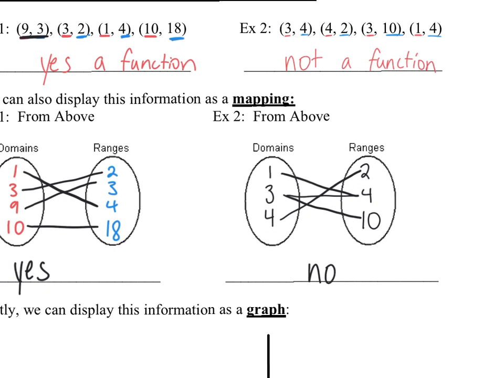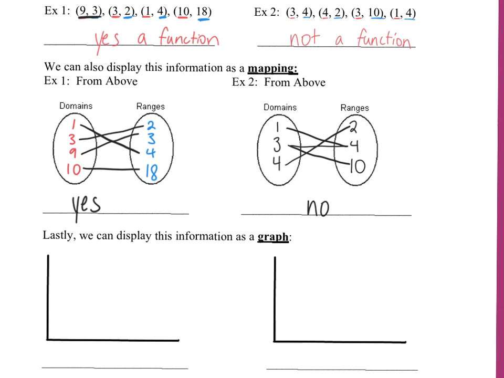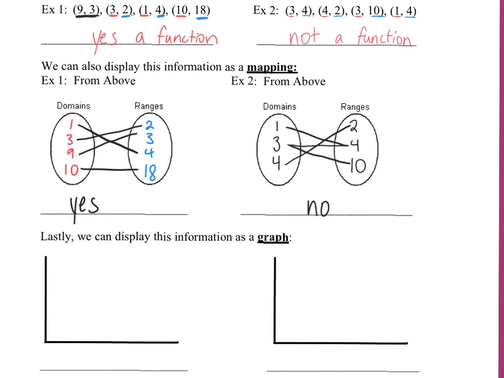Okay? The last way that we can do these is as a graph. So if we look on my x-axis, I just need to have the numbers 1 through 10. So I'm going to go ahead and do that. I'm actually just going to go up by 2s just to make it easier.